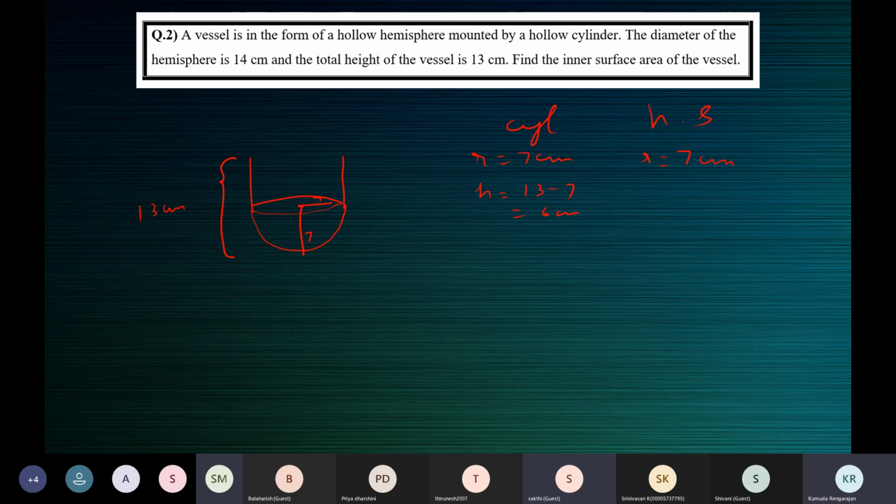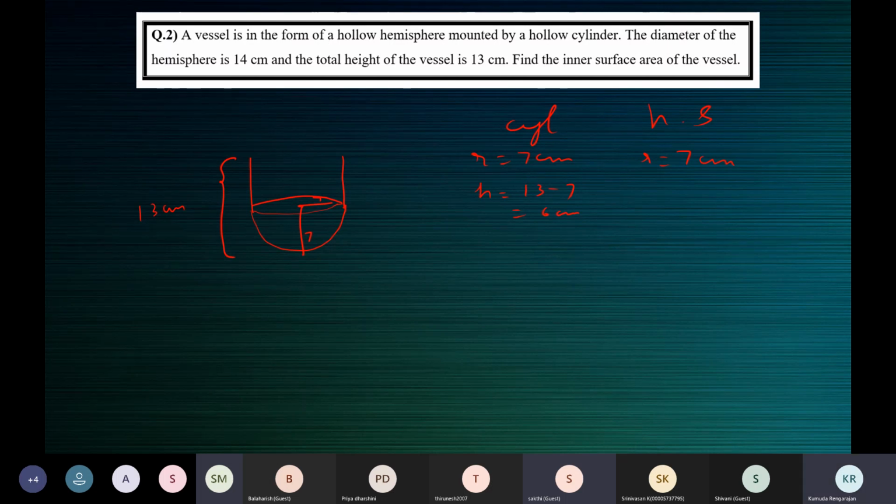Now we have to find the inner surface area of the vessel. Any doubts with the values? No, ma'am. All right.